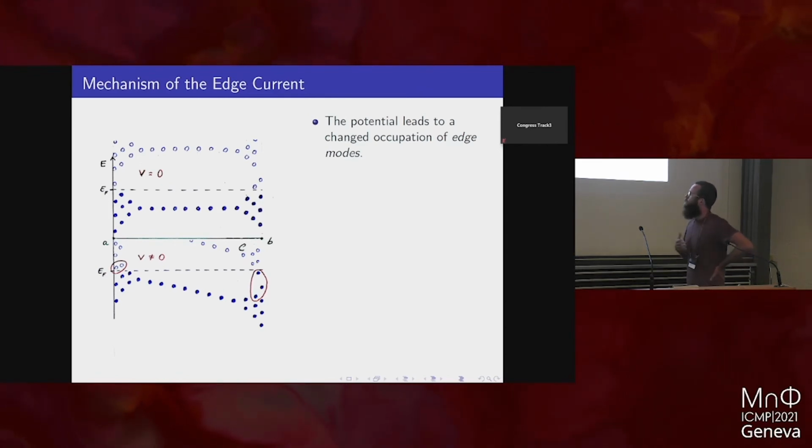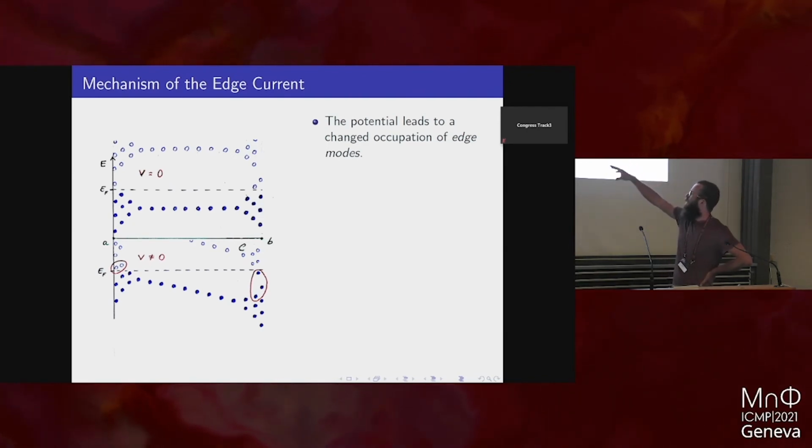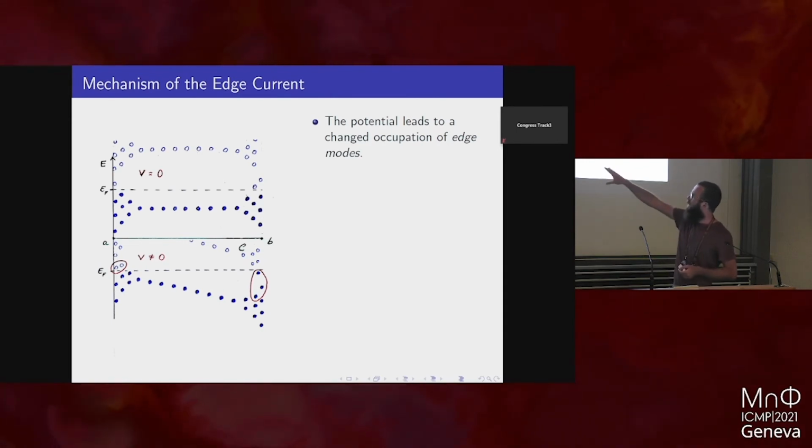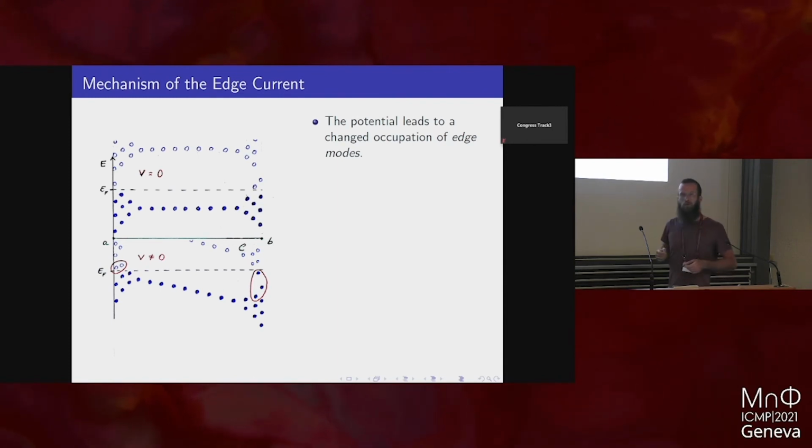But then when we apply the potential, the picture will change a bit. These states will shift in energy according to the local value of the external potential. And we see that states near the edge will become either occupied or will cease to be occupied, assuming that there are near the edges states that lie close to this Fermi energy.